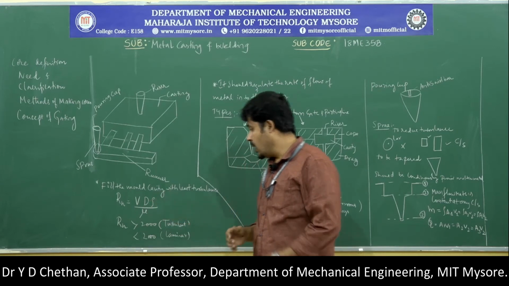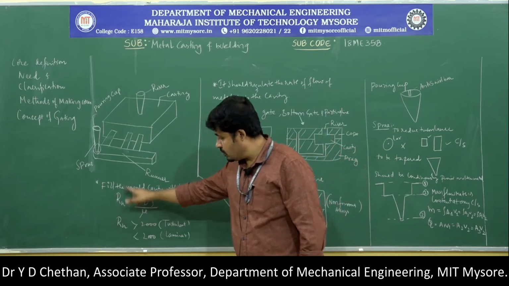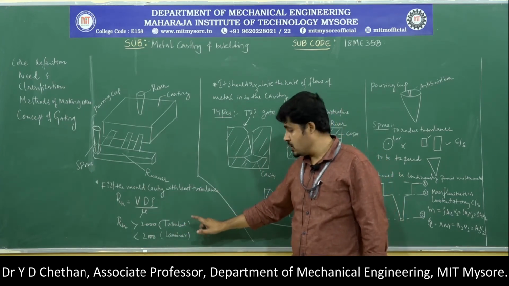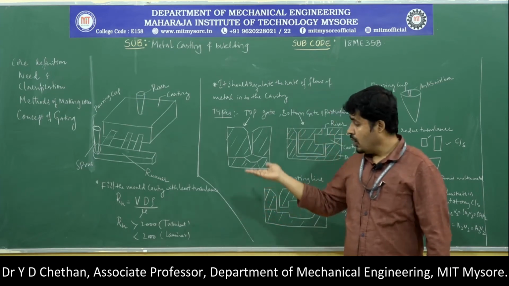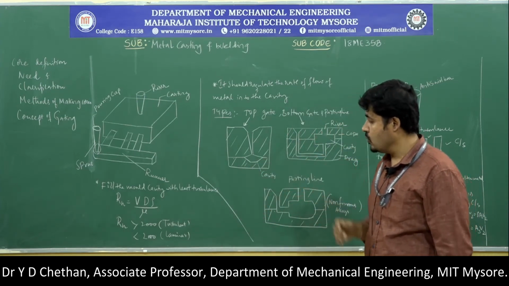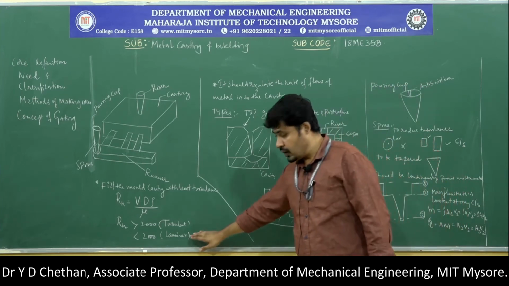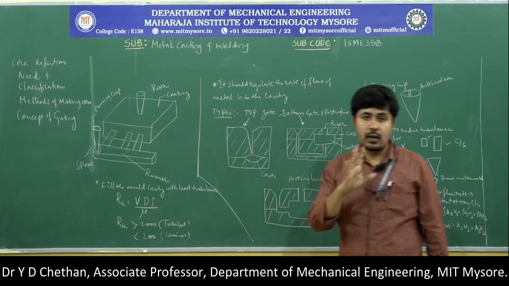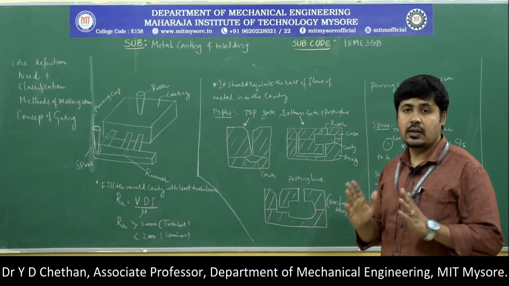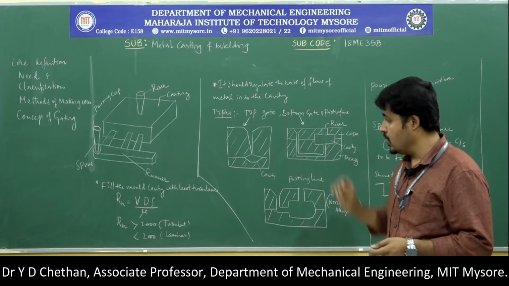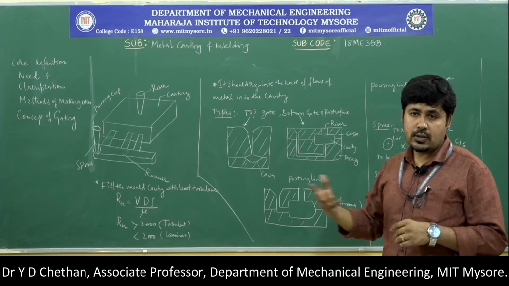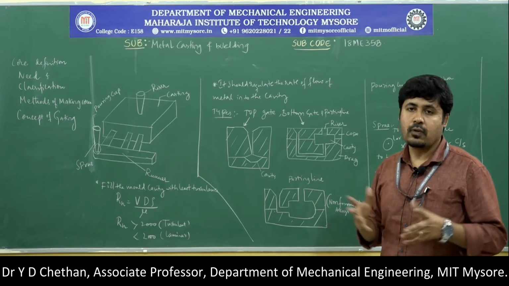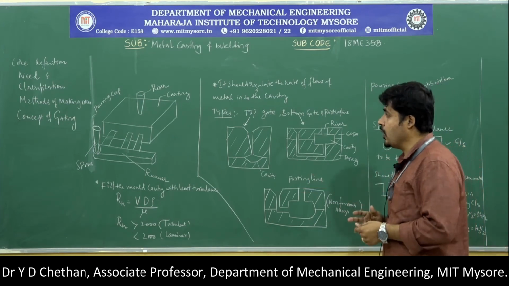If the Reynolds number exceeds 2000, then that flow is considered turbulent; if it falls within 2000, then you can consider that metal flow to be laminar. So laminar flow is desirable for a gating system. We should design the gate in such a way that it avoids turbulence. Once the turbulence is more, then obviously the final product has a number of defects or flaws. So that is the first preliminary requirement.